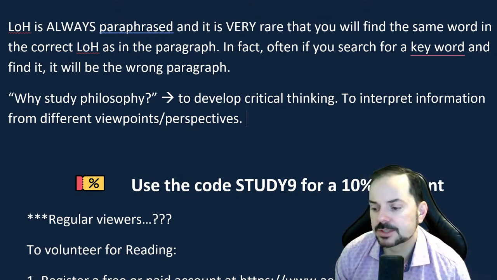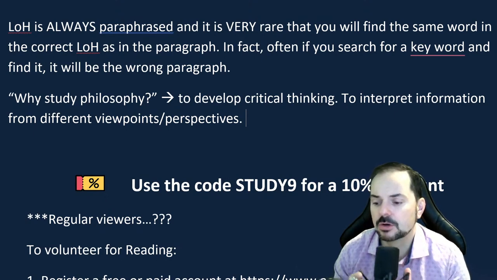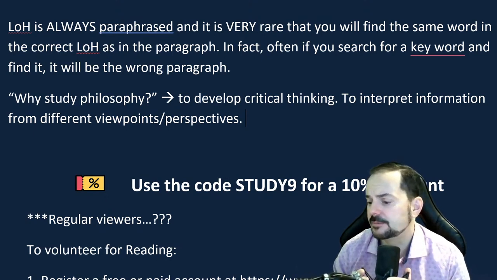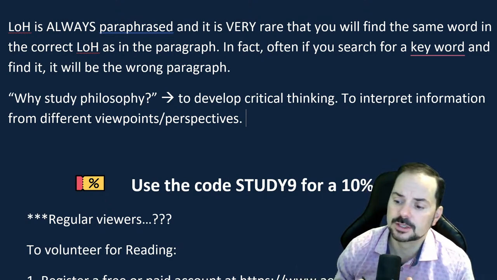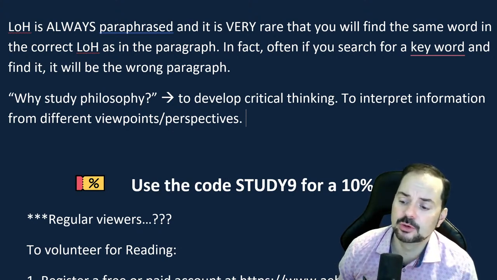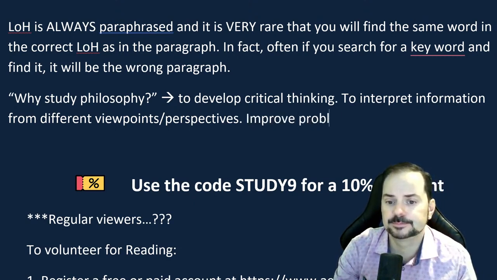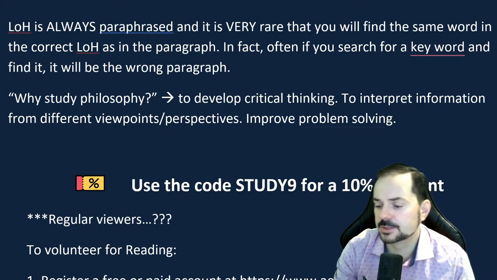So Domenico says thinking outside the box, sure. And Domenico, that's kind of the same as what Chen said. So looking at different viewpoints. Okay, Yanni says improve problem solving. Absolutely. Yeah, Yanni, that's a very clever one as well.